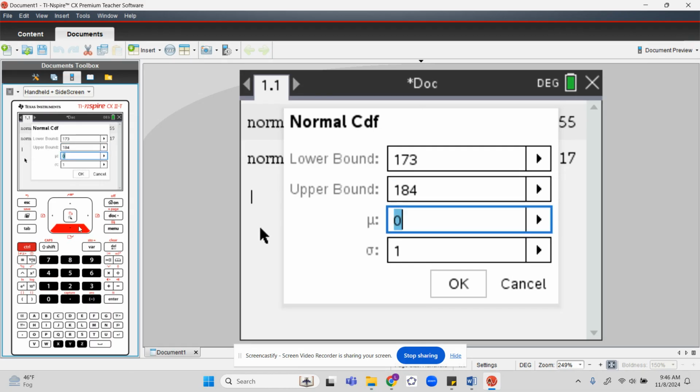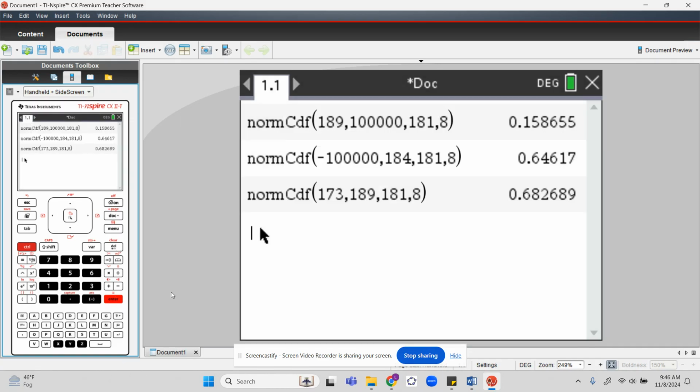No, sorry, it was 189. The mean is 181, and the standard deviation is 8. Bam, bam, and we have the answer, 0.683.